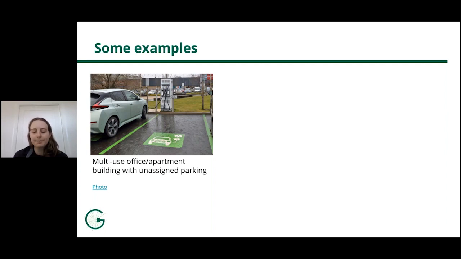And you could have the exact same picture, but instead of making that charging station shared and open to the public, it could be limited to people who live in that apartment building by forcing you to put in a code or something to access that charging station.